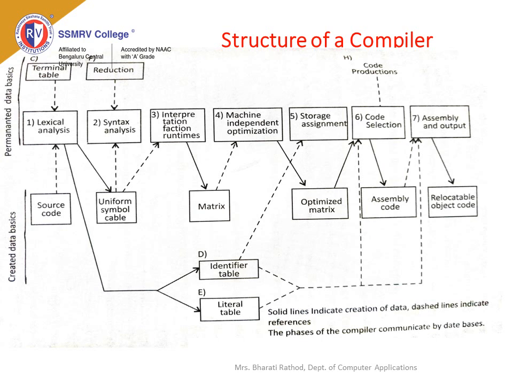Uniform symbol table: it consists of a full or partial list of tokens as they appear in the program, created by the lexical analysis phase and given as input to the syntax analysis and interpretation phase. Terminal table: a permanent table which lists all keywords and special symbols of the language in symbolic form. Identifier table.